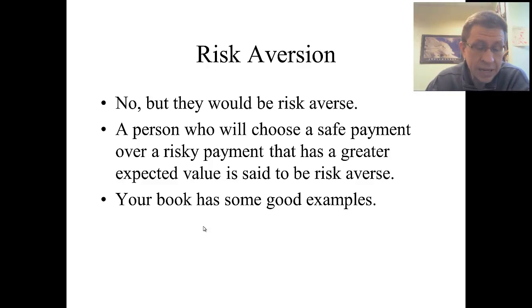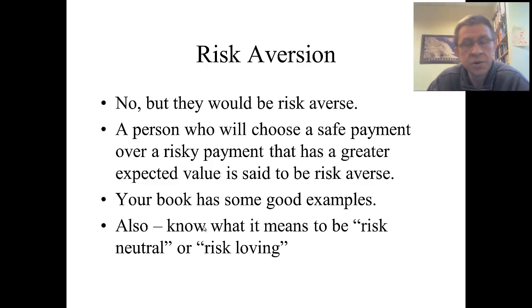The book has many good examples. You could also be risk neutral if you'd only buy insurance if it's a reasonable value. Or some people are risk loving. Not very many, right? They'd rather take a big gamble than not.